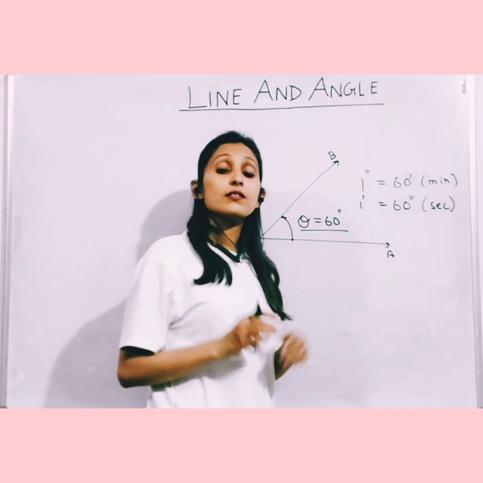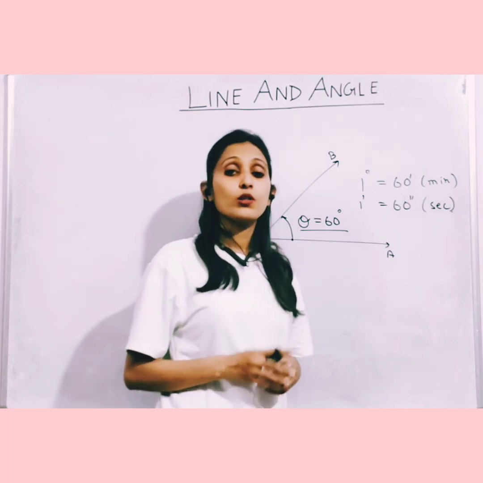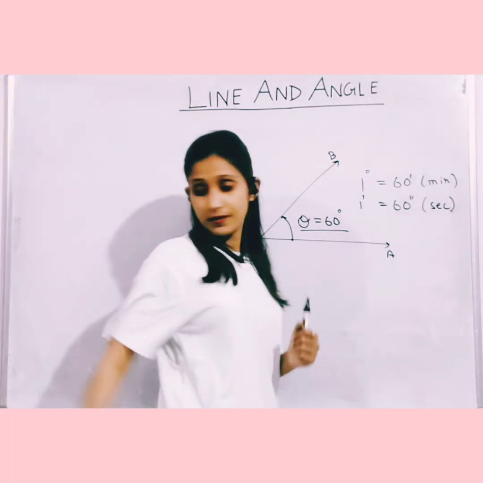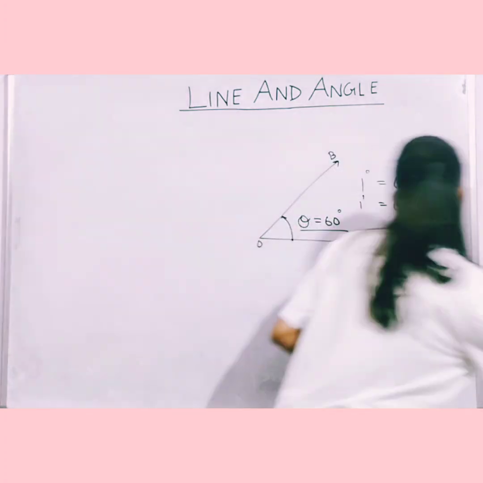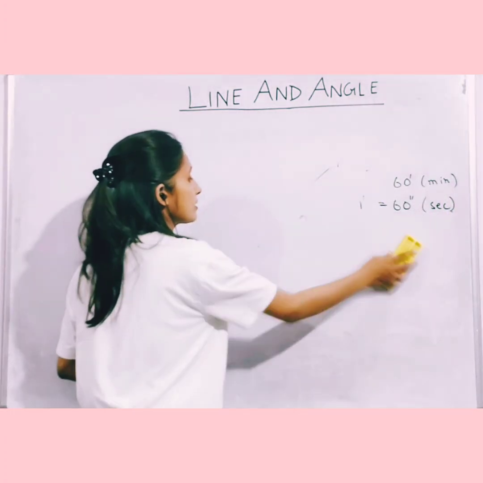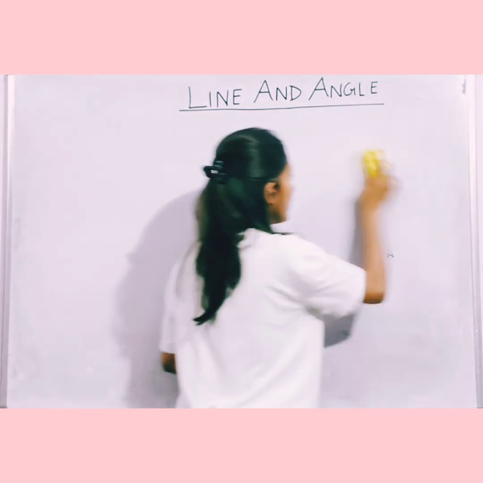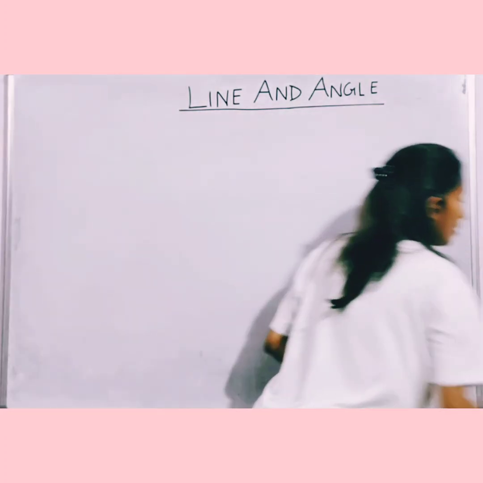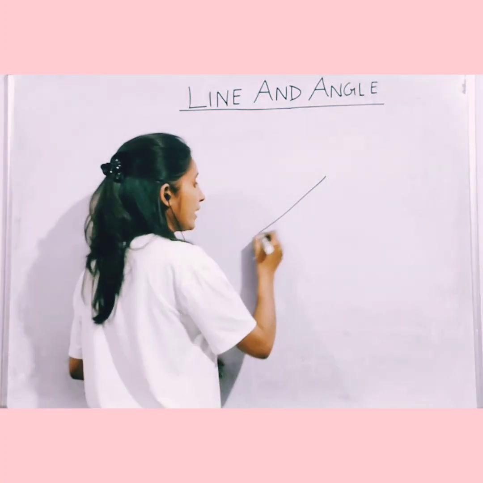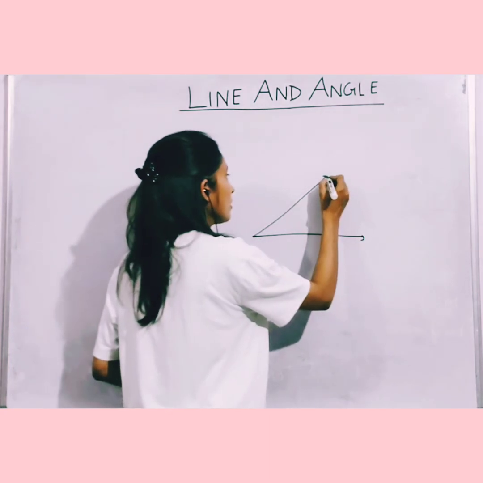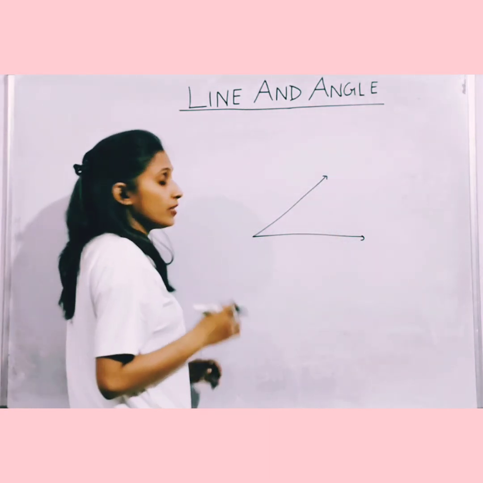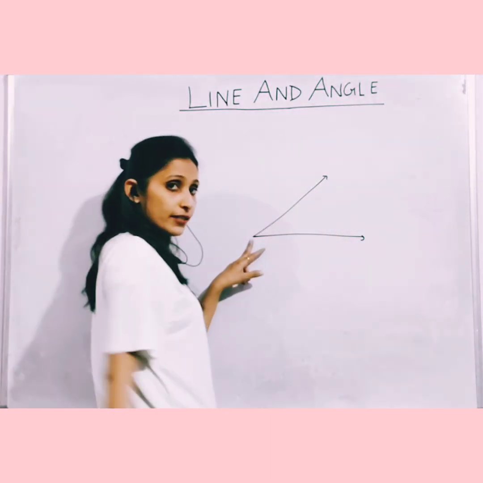Now we will discuss the types of angles on the basis of their measure. So I'm going to erase this, then we will discuss the types of angles. Suppose I have an angle like this. You can clearly see this angle is less than 90 degrees.